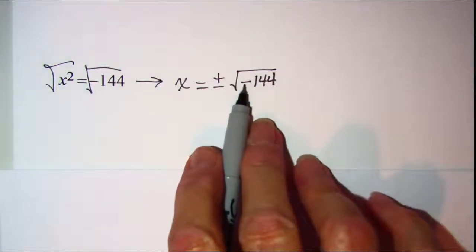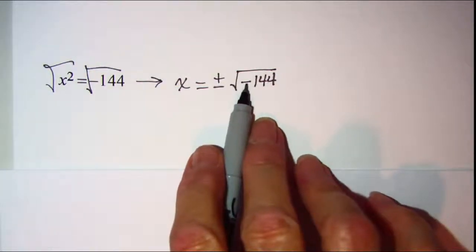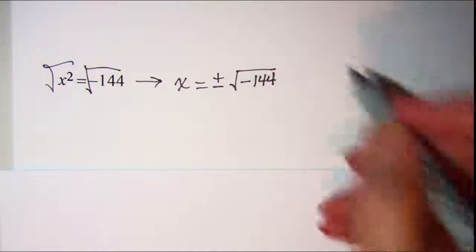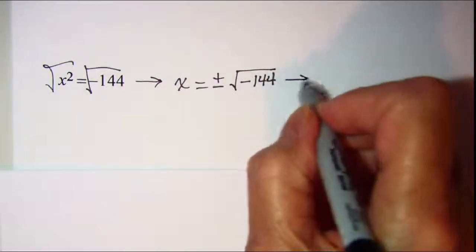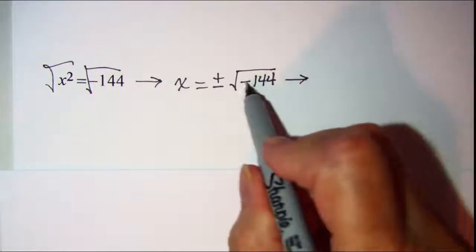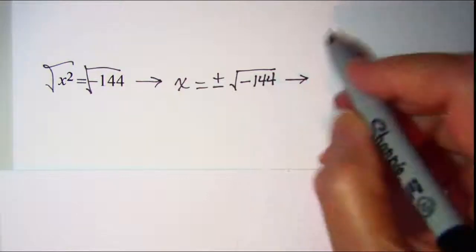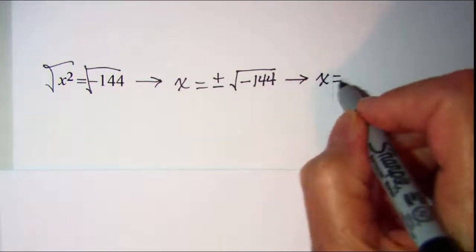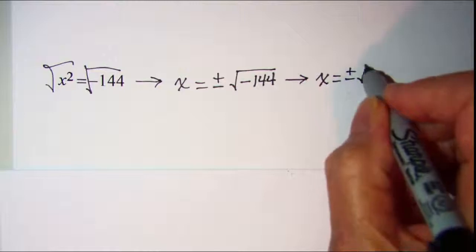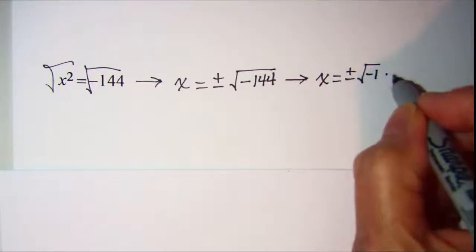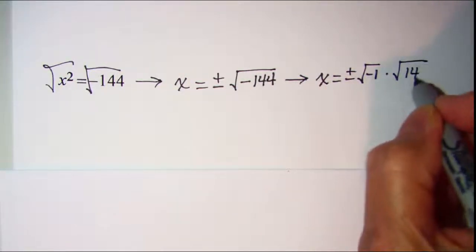Anytime you have a negative under a square root, it's going to be an imaginary number. So I can rewrite this, split this into two radicals. x is equal to plus or minus square root of negative 1 times square root of 144.